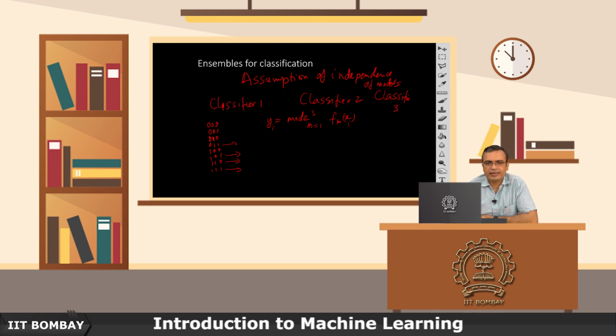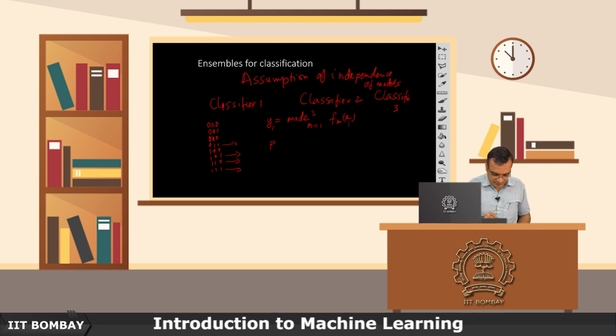Alright. So let's say for each classifier the probability of correct classification is P. And the 3 classifiers are independent of each other.